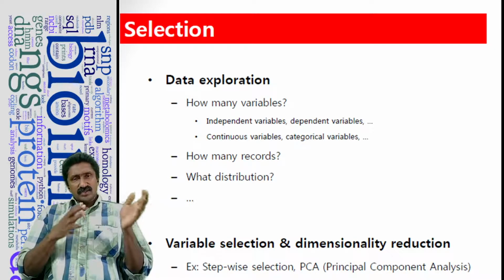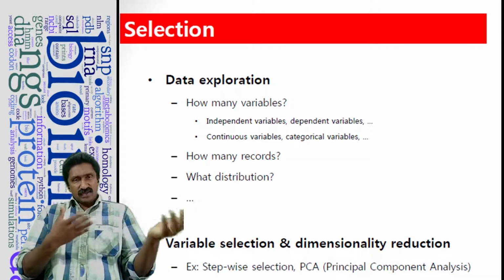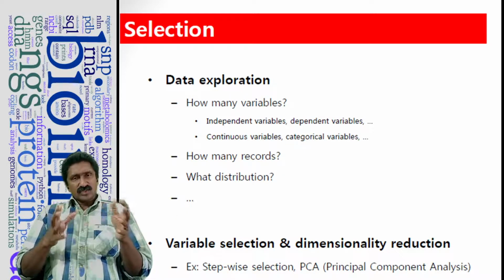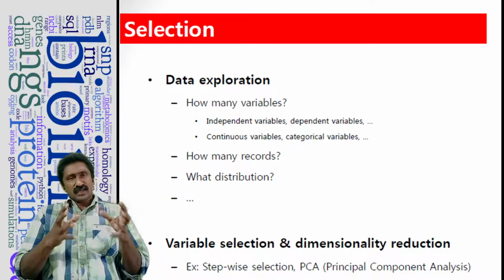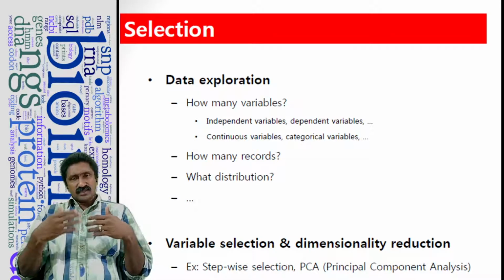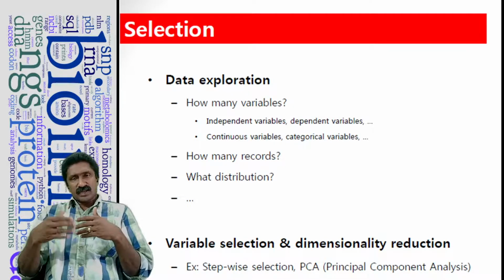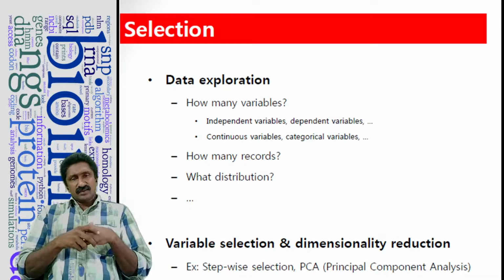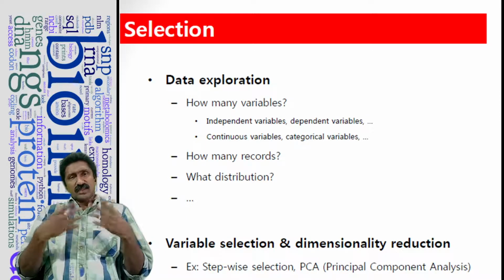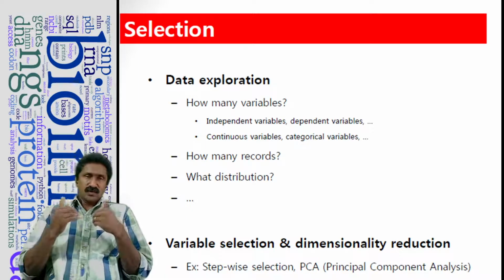For example, for the entire genome information, how many records are there, and what is the overall distribution of the data? So it is just an exploration of the nature and quantity of the data. There can also be stepwise selection or principal component analysis, which is a statistical selection method that can be used for extracting useful information.